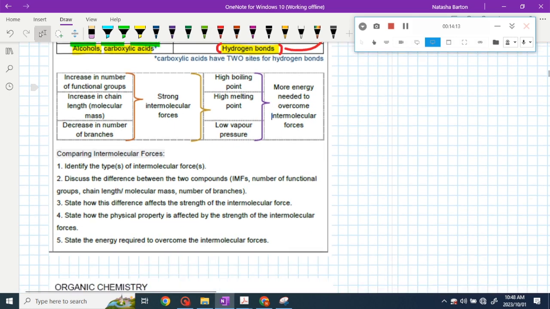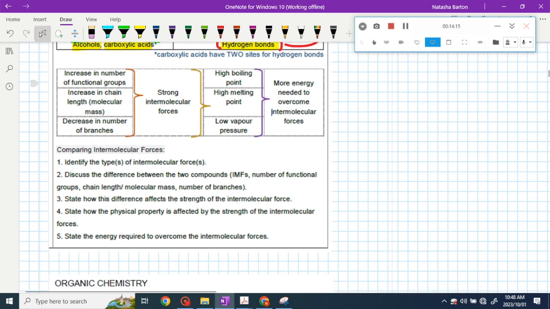Now, if ever you are asked why one substance has a higher boiling point, a lower melting point, a higher vapor pressure, and so on, you are always going to explain by making use of bullet points more or less in this order. Number one, you're going to tell me what the different types of intermolecular forces are. So this compound contains London forces, that compound contains hydrogen bonds.